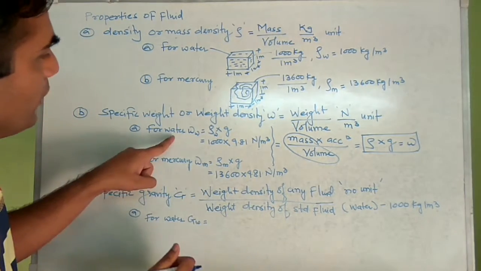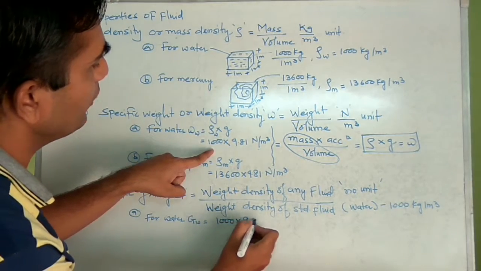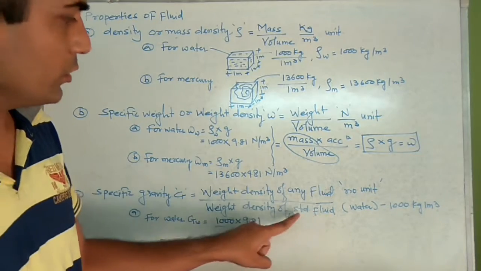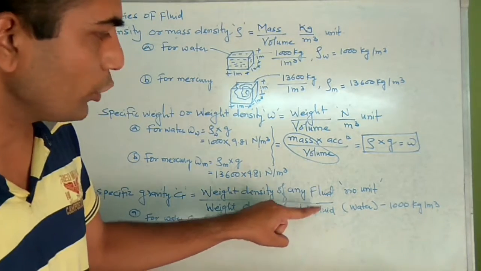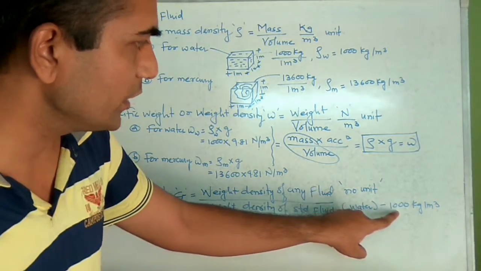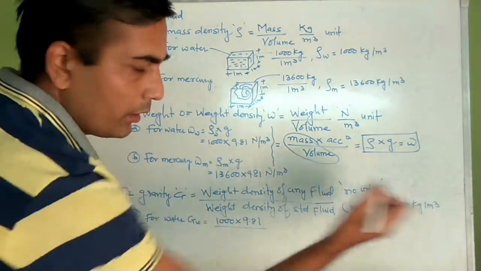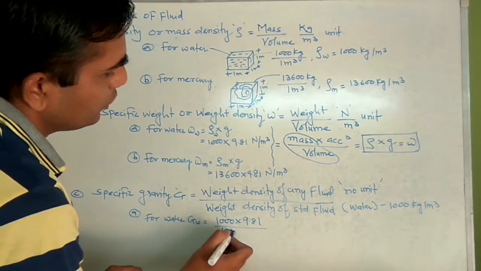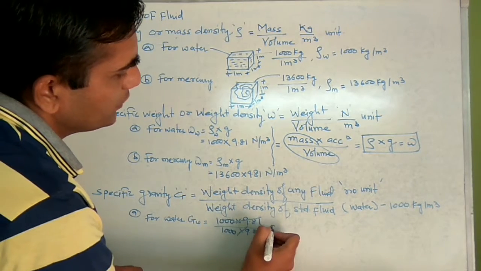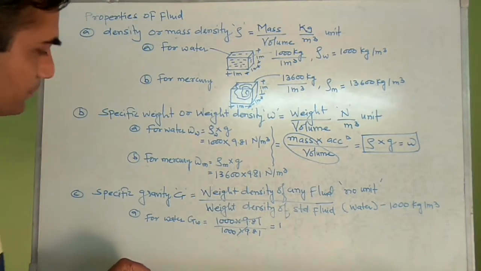So weight density of water is here 1000 multiplied by 9.81 divided by weight density of standard fluid. In the denominator we have taken water, that is always standard, and this is the density, that is 1000, but we want weight density, so 1000 multiplied by 9.81. So again the ratio is same, 9.81. So both the terms get cancelled and you'll get the specific gravity of water, that is 1.